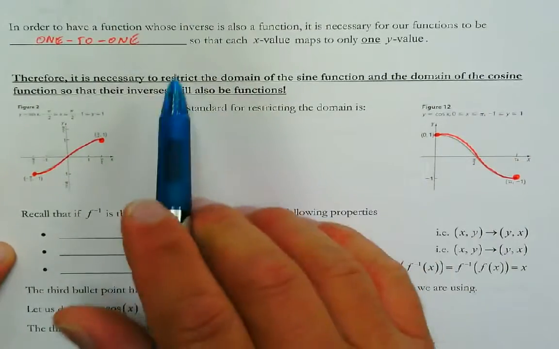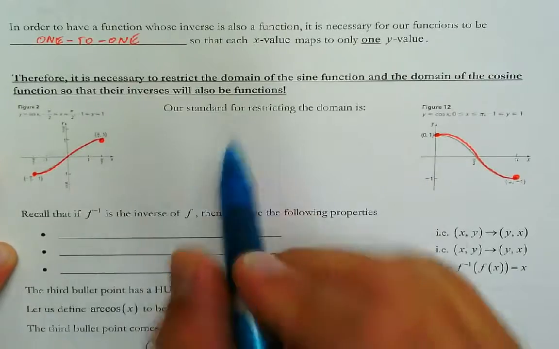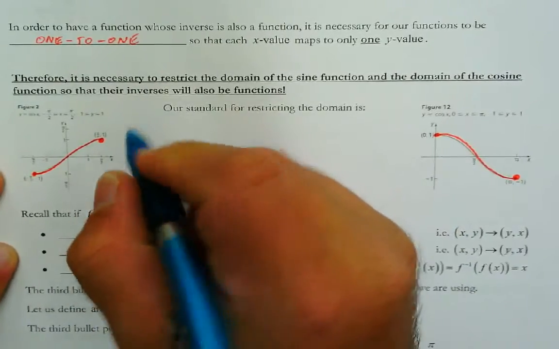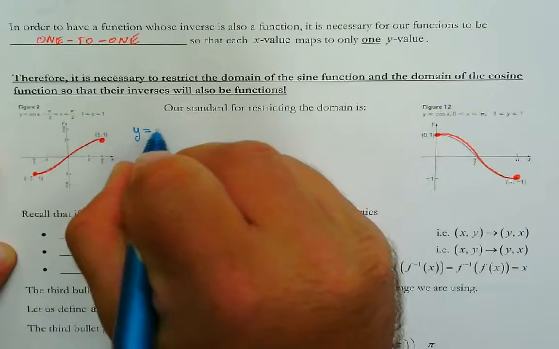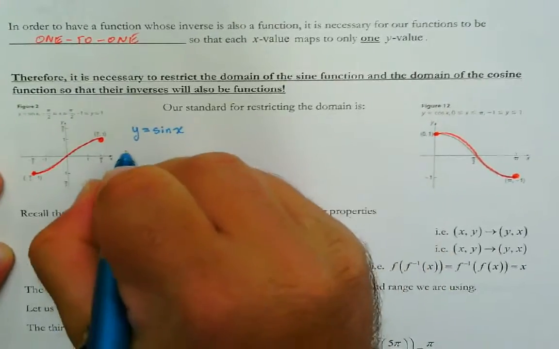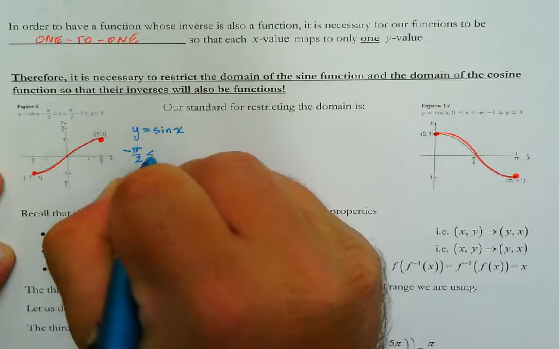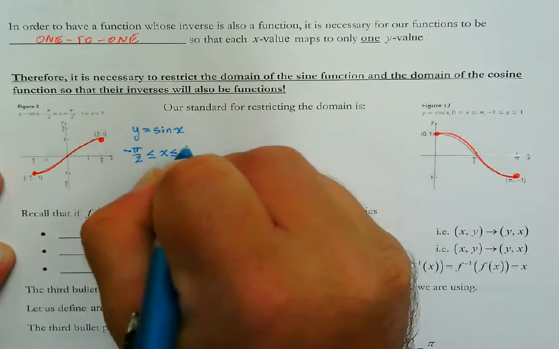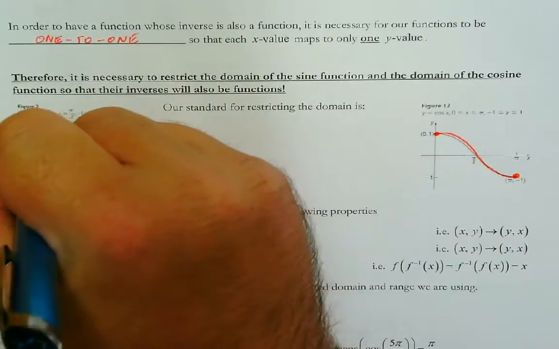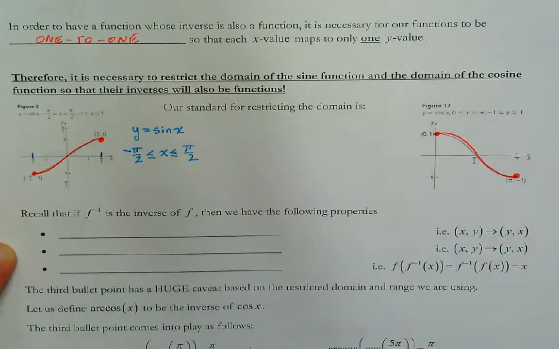Okay? And it's important to understand that for restricting the domain, the standard is as follows. If I'm working with the sine of x, I'm going to say that x needs to be between -pi/2 and pi/2.